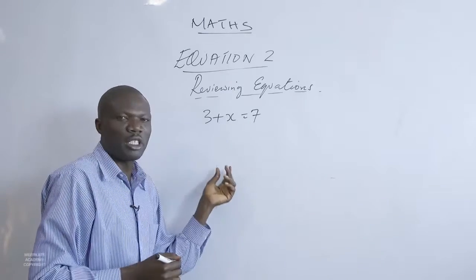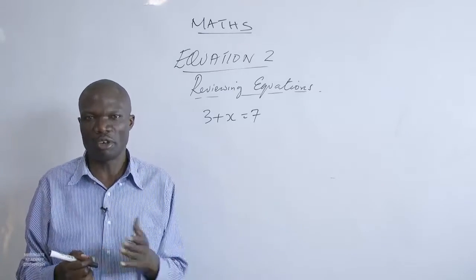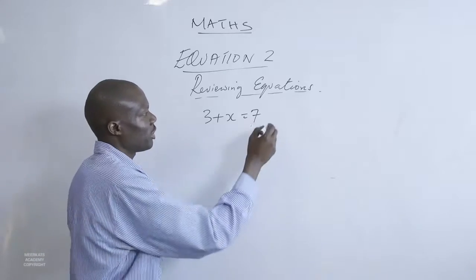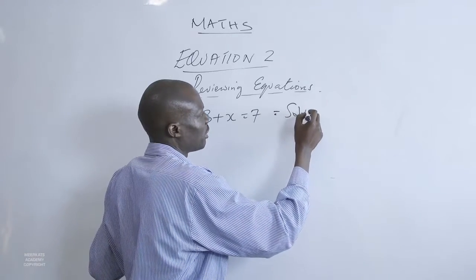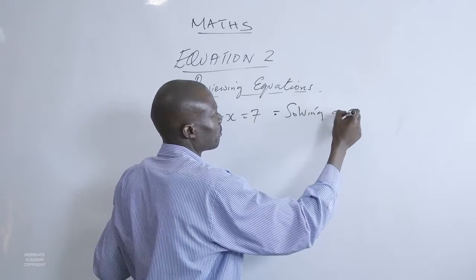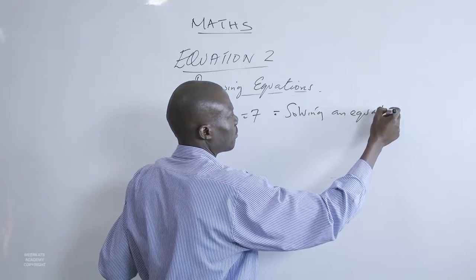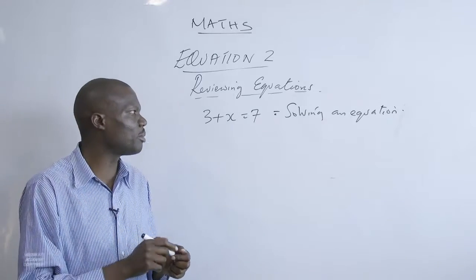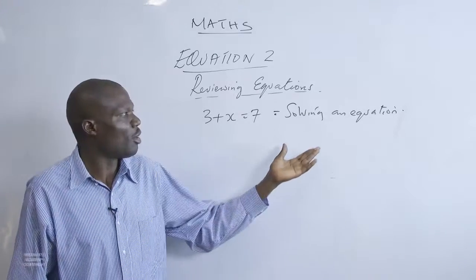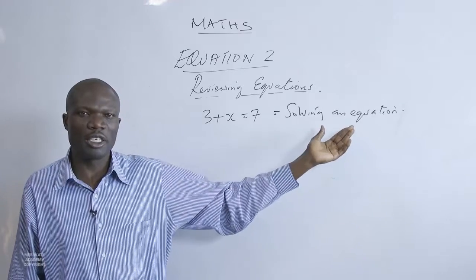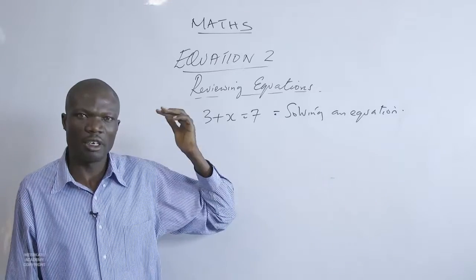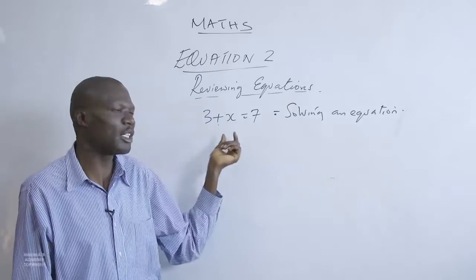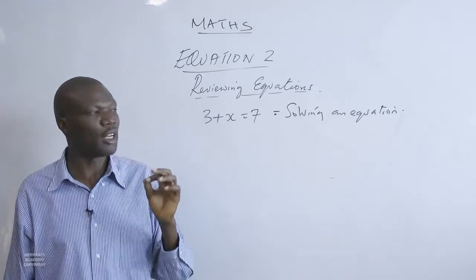But the moment we reduce it until we find the value of x, then what we are doing is solving. So to solve an equation simply means that we are reducing an equation until we find the value of the unknown.